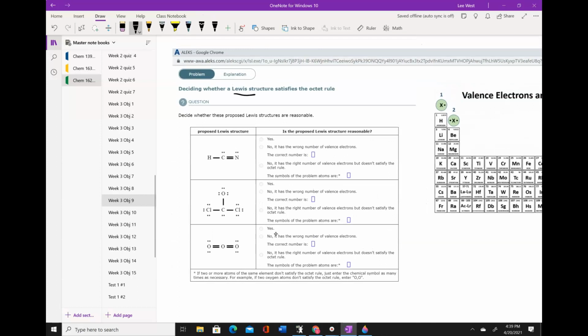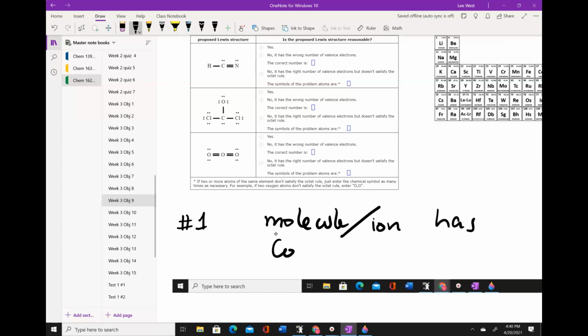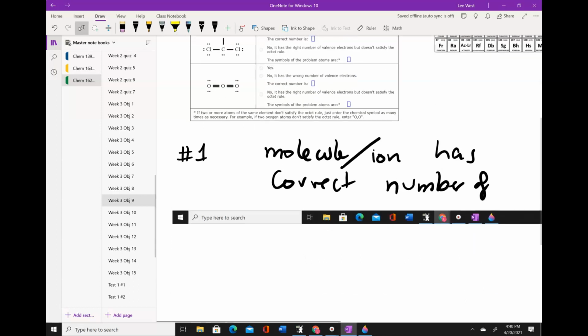Deciding whether a Lewis structure satisfies the octet rule. Okay, so there are a couple of requirements here. Requirement number 1, that your molecule or ion has the correct number of valence electrons. If it doesn't have the correct number of valence electrons, there's no point in going any further.